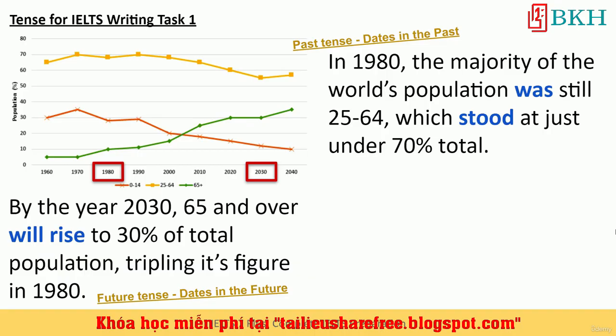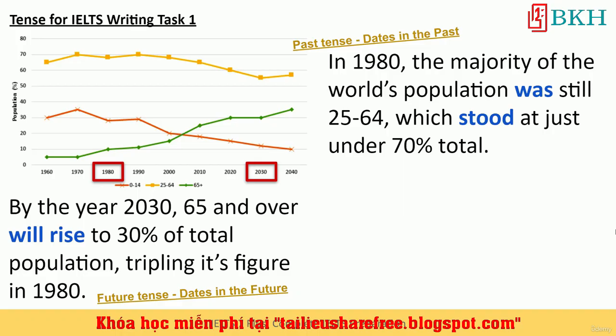Really good for task achievement score in Task 1. But back to tense, will rise. It is predicted the figure will rise. Predicted because it's already been done, the graph has been made. So I'm using the future tense to discuss future dates. Past tense, for past dates.